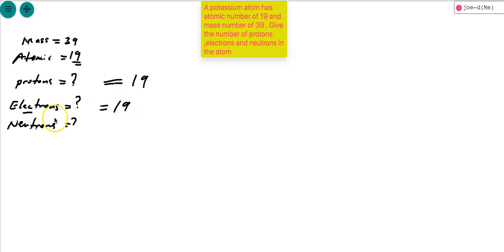Now we have to find the neutrons. Now from the previous equation, we know that mass number is equal to proton number plus neutron number.